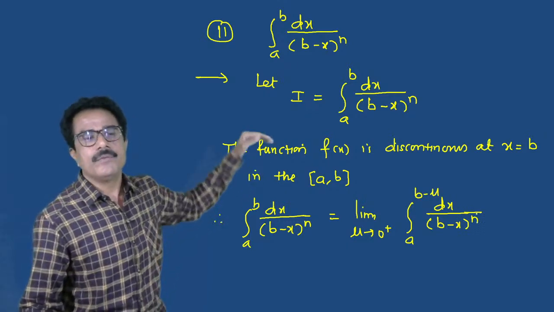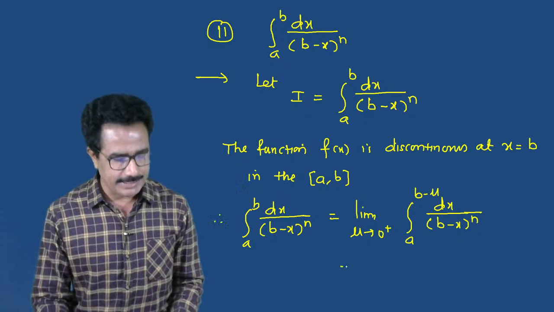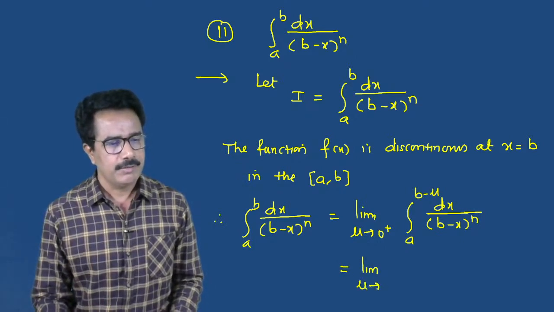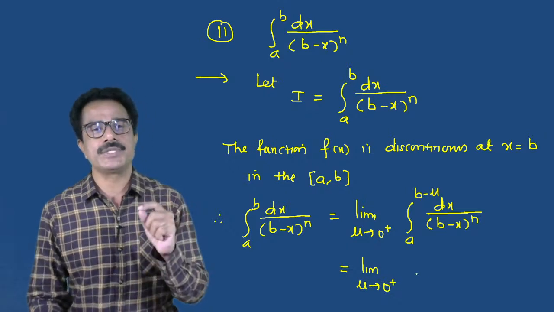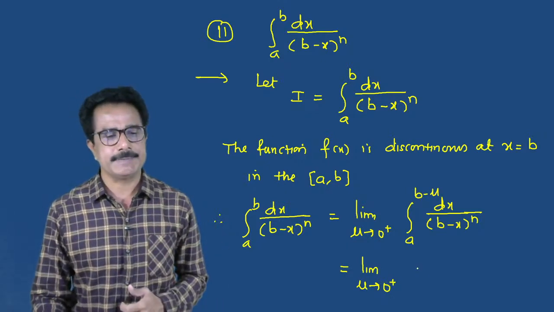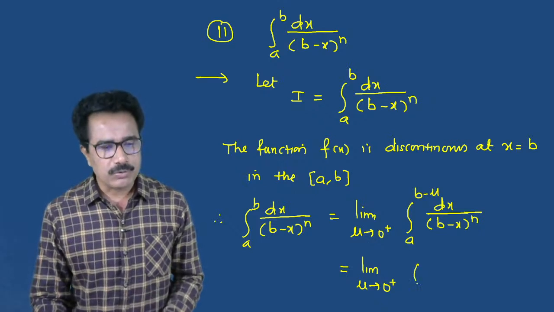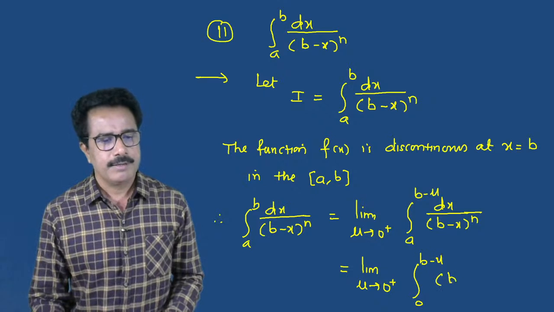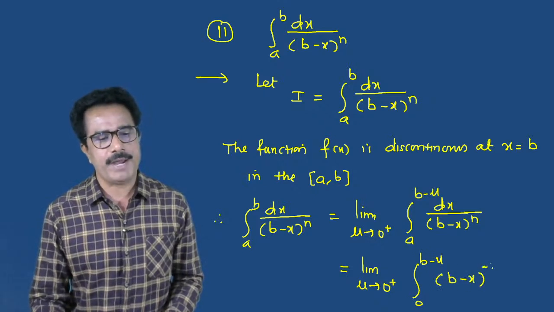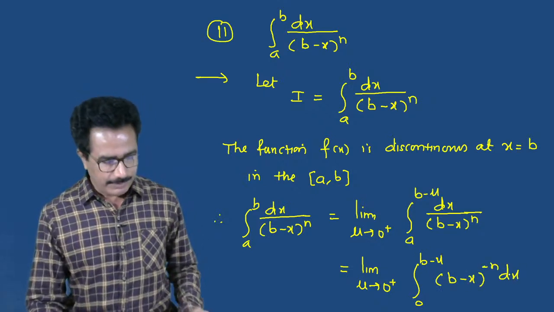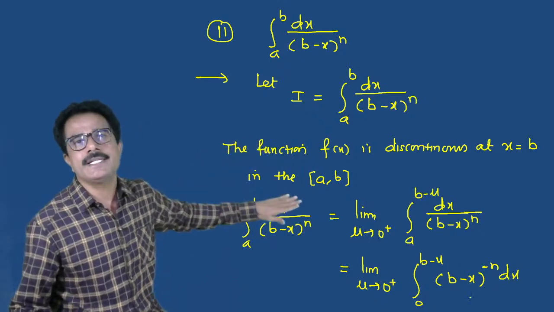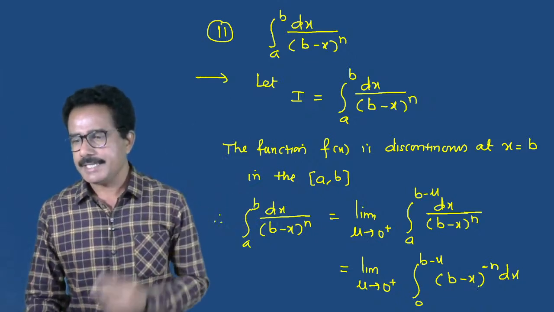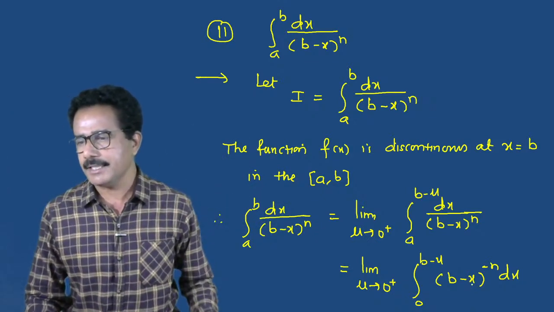How can we use this here? We have to write this integral from 0 to b minus mu (b minus x) raised to minus n dx. Right, students? We have to write the denominator in the numerator. Tell me, in which type does its integration come?